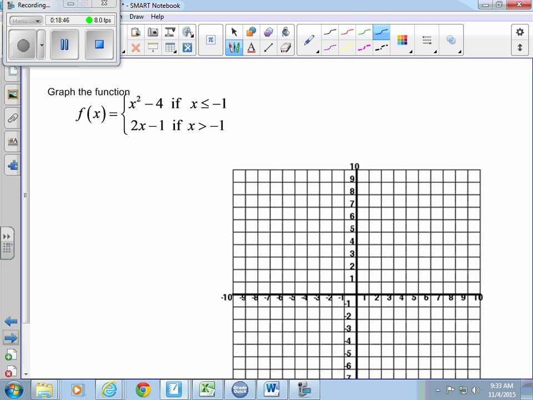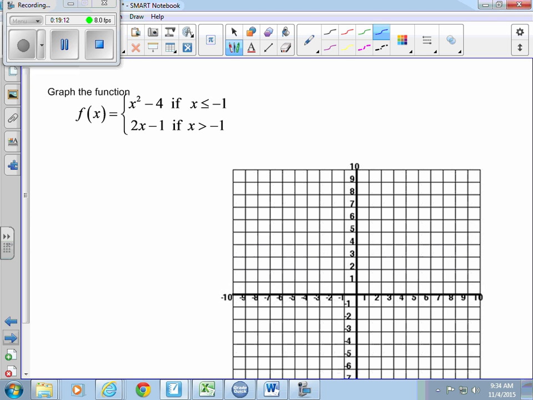We will probably want our calculator's help on this one. Would you agree? Why would we probably want our calculator's help? X squared minus 4. Do you know what that looks like? Kind of. You just graphed quadratics yesterday, so kind of.